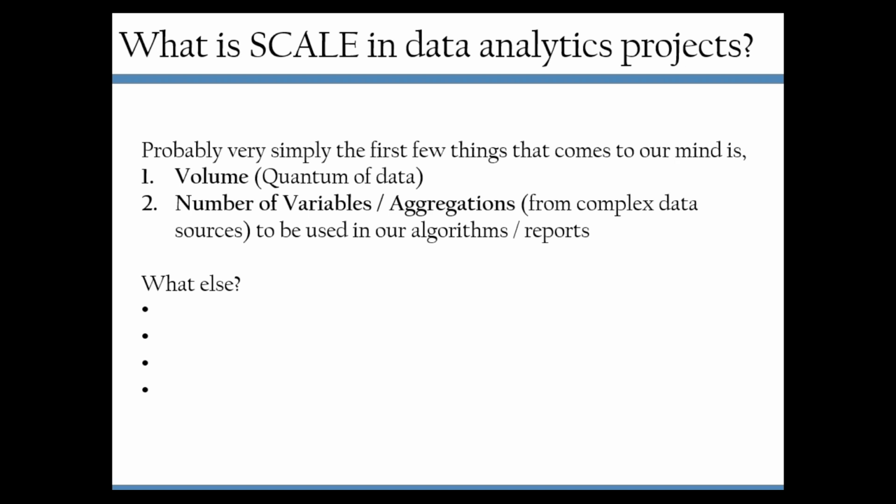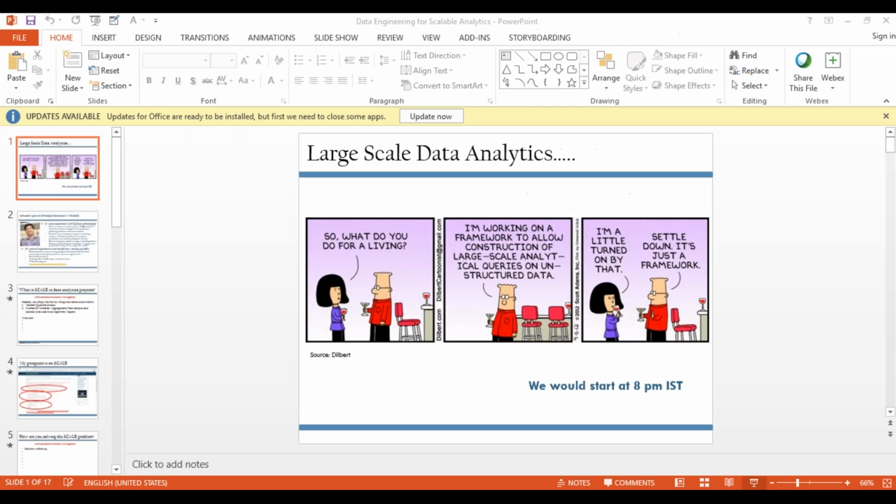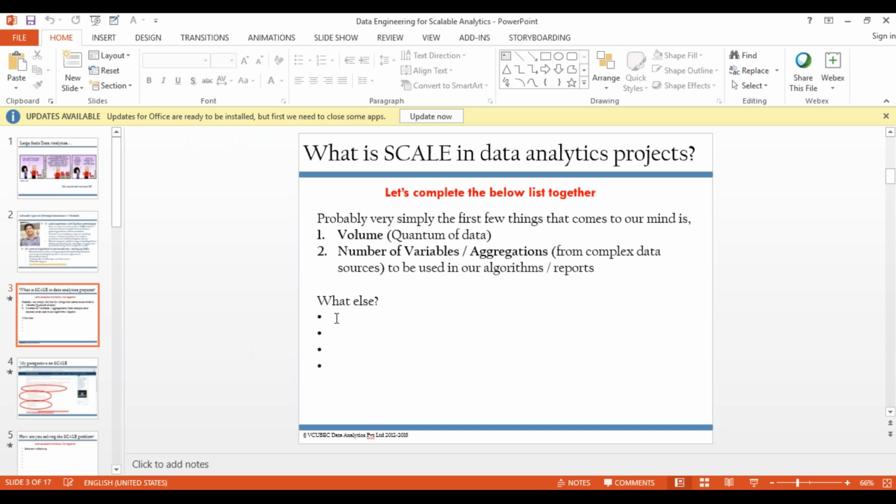What pipelines or products should I use for deploying that, whether cloud, public cloud, or private cloud? So all those things come to mind. But what else? That's something I would like to do together. I'd like some inputs from any one of you on what kind of scalability problems you have seen in your scenarios. So let's fill up some values here.